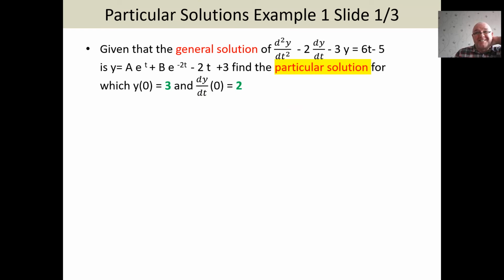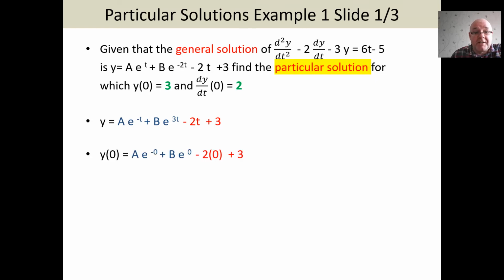So let's do it. The first one is y equals ae to the negative t plus be to the 3t minus 2t plus 3. Let's put t is 0 in there. Because e to the negative 0 and e to the 0 are both 1, and 2 nothings are nothing, it becomes a plus b plus 3. Originally y(0) was 3, so a plus b plus 3 must be 3.